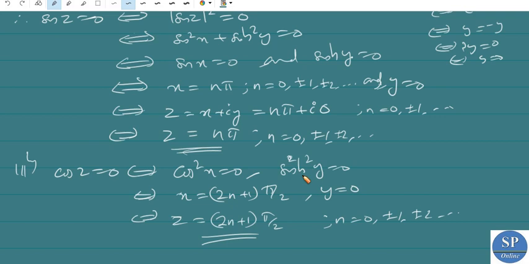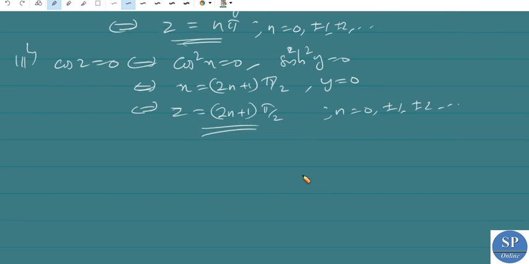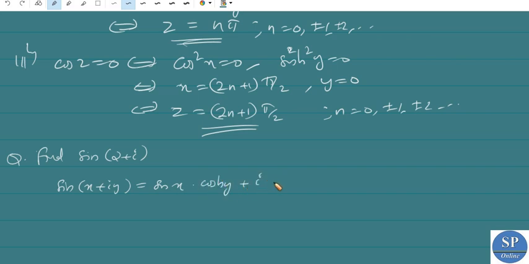Next we can move on to a problem. Find the value of sin of 2 plus i. So how to find this value? We have sin of x plus iy is nothing but sin x cosh y plus i into cos x sinh y.